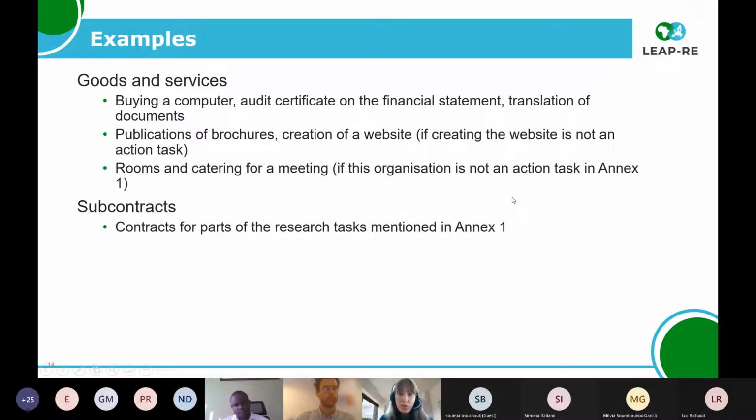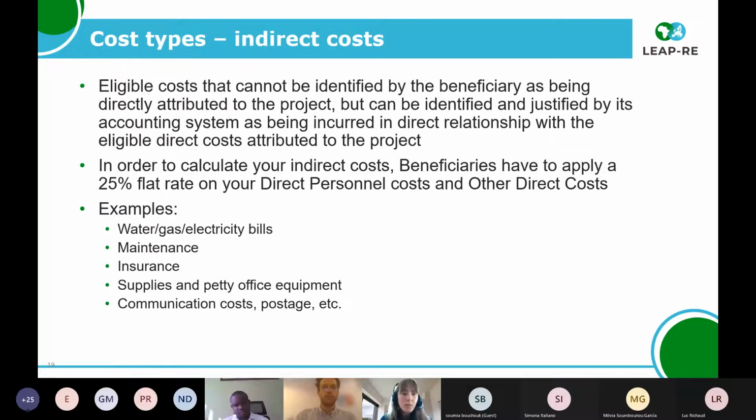This is just to give you an example of the differences between a service and a subcontract. So indirect costs, like I said, correspond to 25% of your direct personal costs and other direct costs.